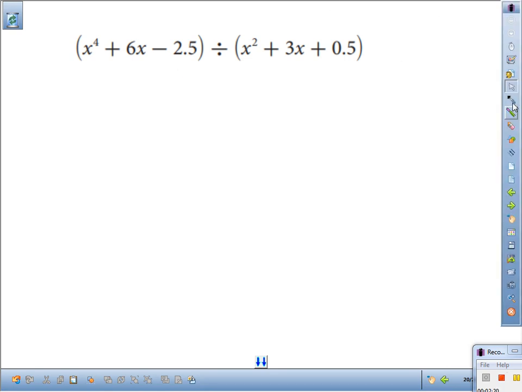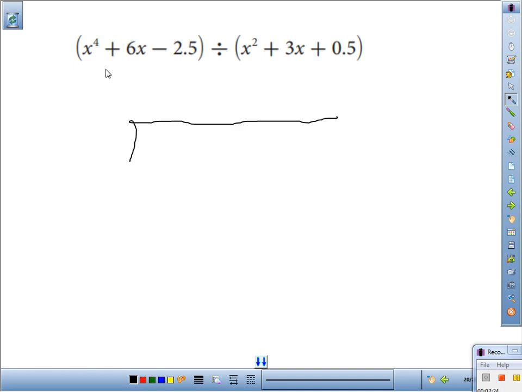So, here it goes. The dividend, what do we have? We have x to the fourth. But what did we say yesterday? Cautionary: if a term is missing, we write it out in standard form so that you can compensate for the space, yes? So what do I write here? 0x cubed plus 0x squared, because we're missing those two, is that correct?